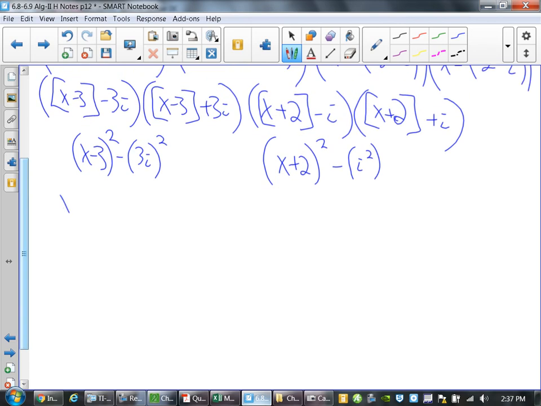So you get x squared minus 6x plus 9. What is the quantity 3i squared equal to? 9. Is it positive 9 or negative 9? Negative 9. And then here I have x squared plus 4x plus 4 minus negative 1.